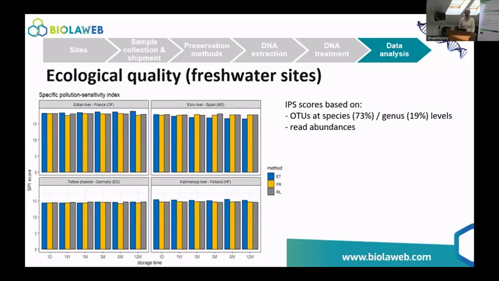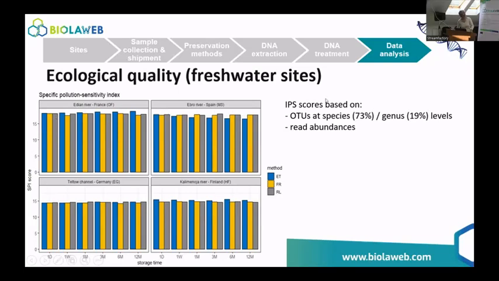But when we go to the measure of ecological quality, and that is something that will come after in the presentation of Frédéric, so sorry for that, but maybe it will make more sense for you afterwards. Here you have the IPS score for samples that are preserved with ethanol, that are frozen, or that are using RNAlater.